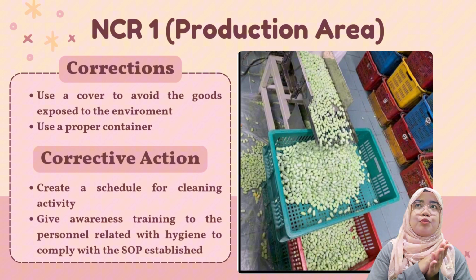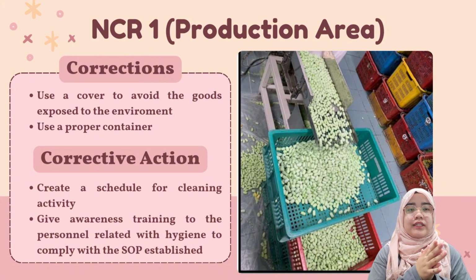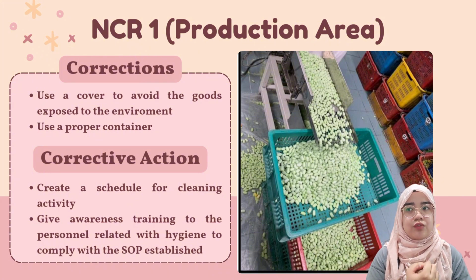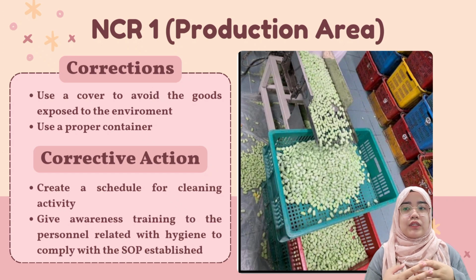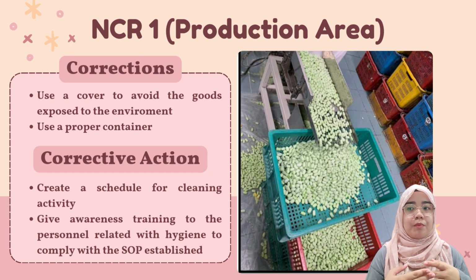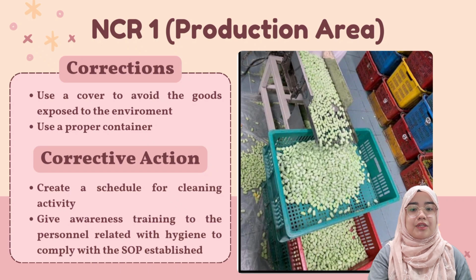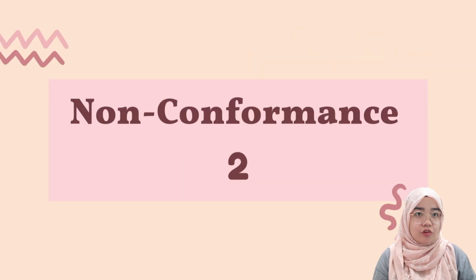The corrections to be made by the manufacturer are to use a cover to avoid the goods being exposed to the environment, and also to use a proper container. For corrective action, the company shall create a schedule for cleaning activity and also give awareness training to the personnel or operators related to hygiene to comply with the established SOP.